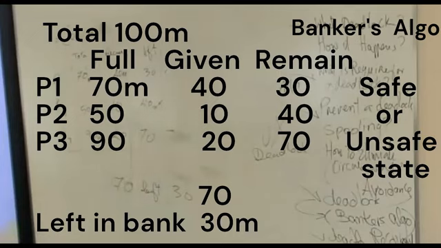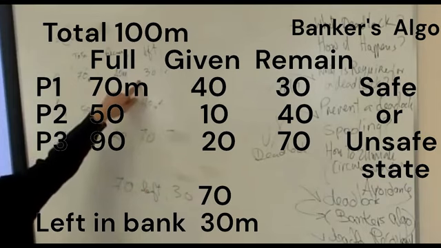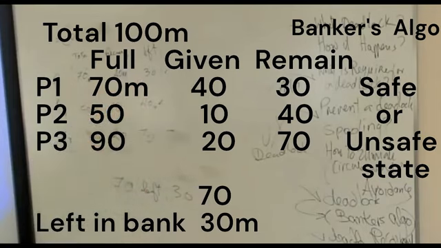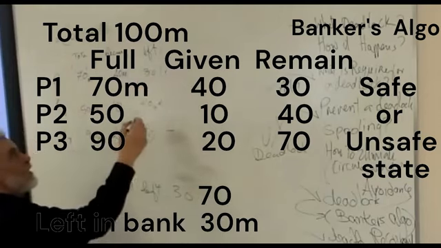But if this guy comes up and asks for 20, should we give it? Let's look. Is our system going to be safe? This guy, instead of 30, we give him 20.